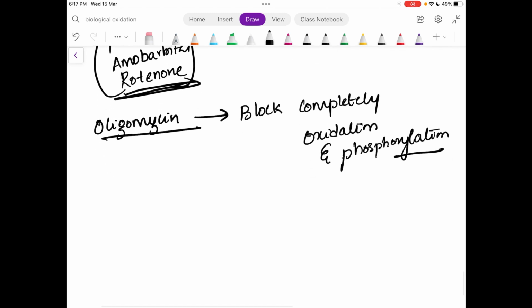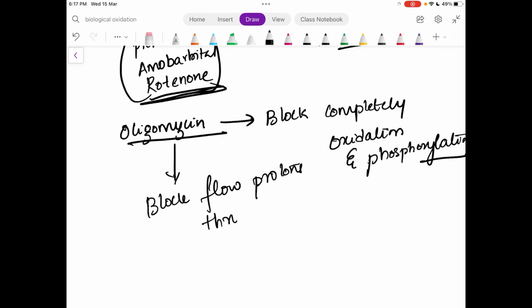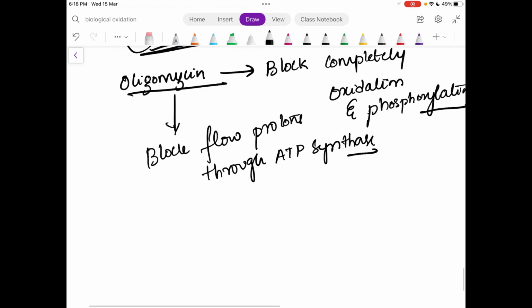How will they block? They will block flow of protons through ATP synthase.